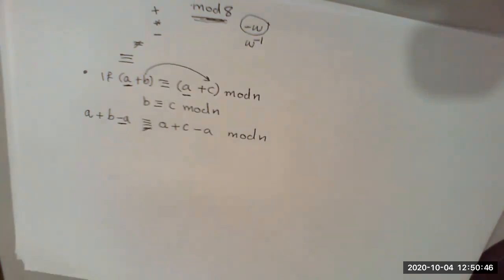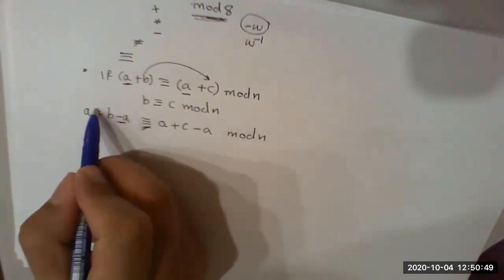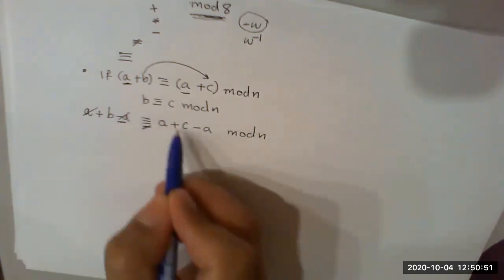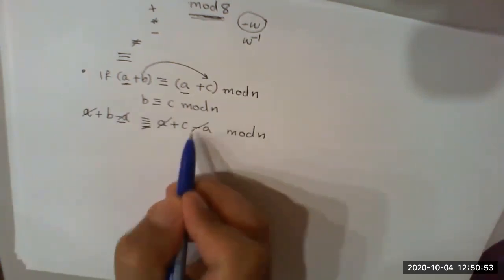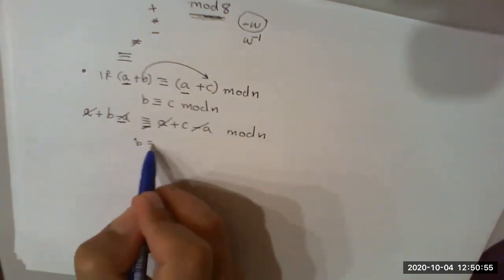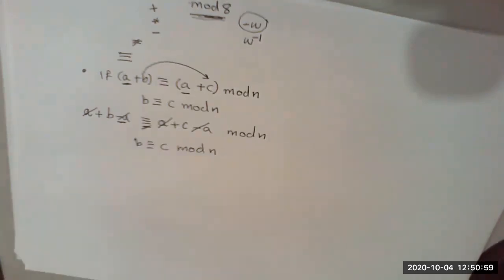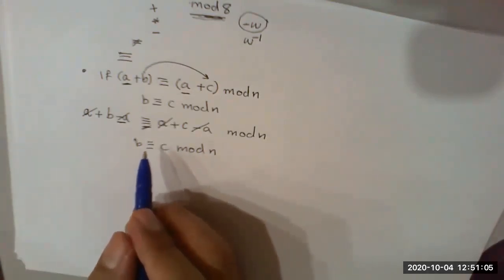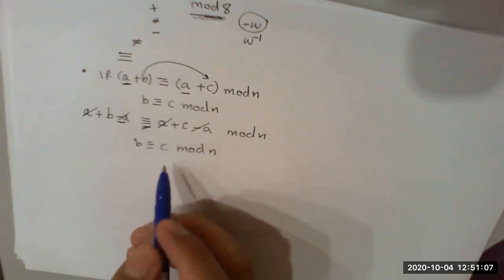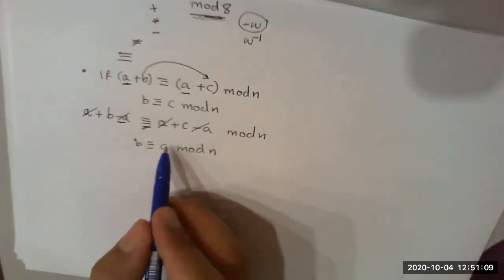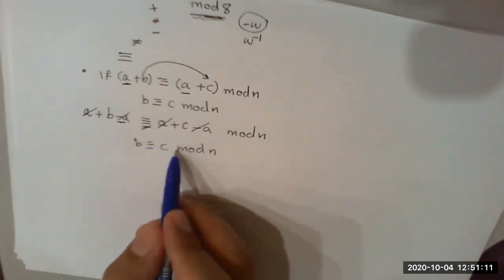And then we can get rid of A from both sides to have B congruent with C mod n. This is a very important property of the modulus arithmetic. We can use the additive inverse to prove this.